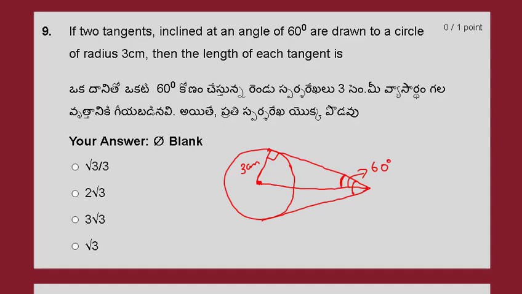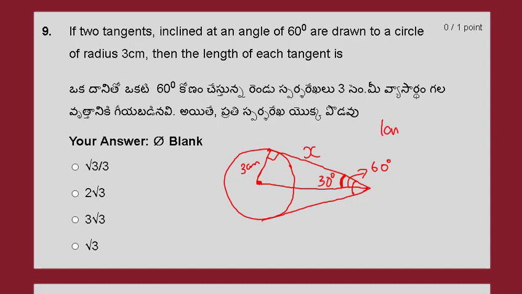This angle will be equal to half of 60 degrees, which is 30 degrees. To find out the length of the tangent, we can use trigonometric ratios. For 30 degrees, 3 centimeter is the opposite side, whereas the length of tangent, let us take it as x, is the adjacent side.